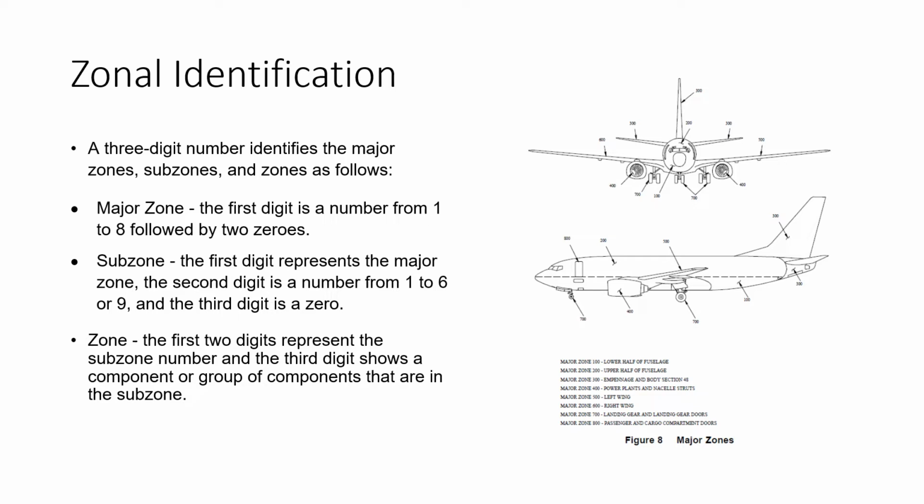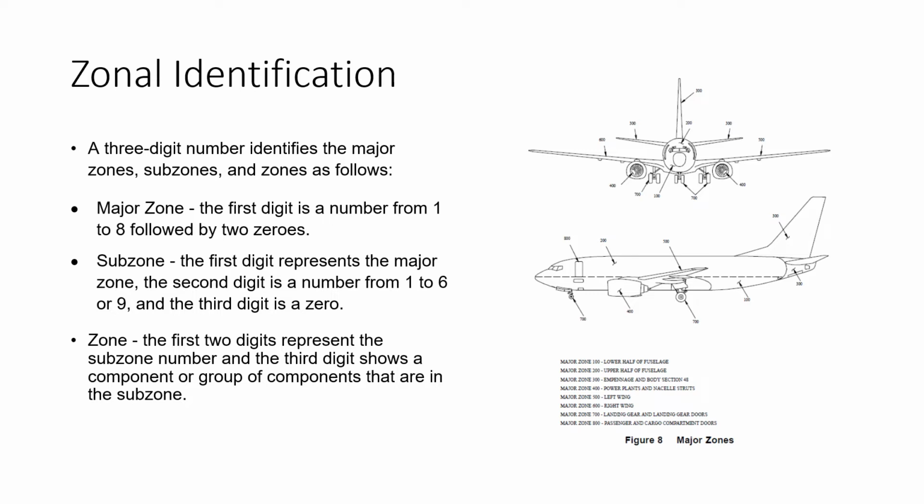And for the zonal areas, the first 2 digits represent the subzone and zone, and the third digit shows a component or group of components that are inside that subzone. If we look at the picture, you'll see the major zones, which, if you remember, is the first digit of the 3-digit number, numbered 1 through to 8.